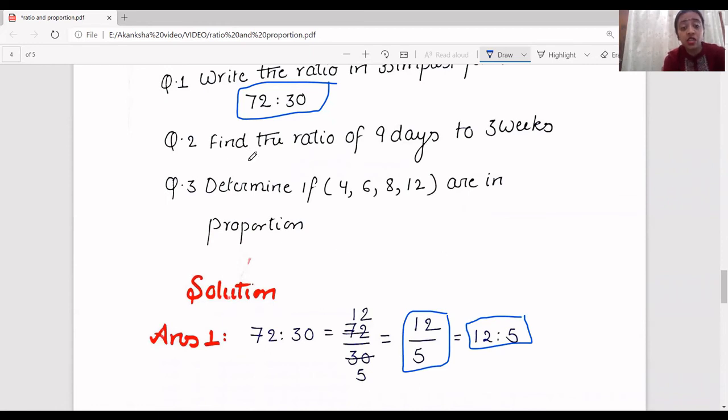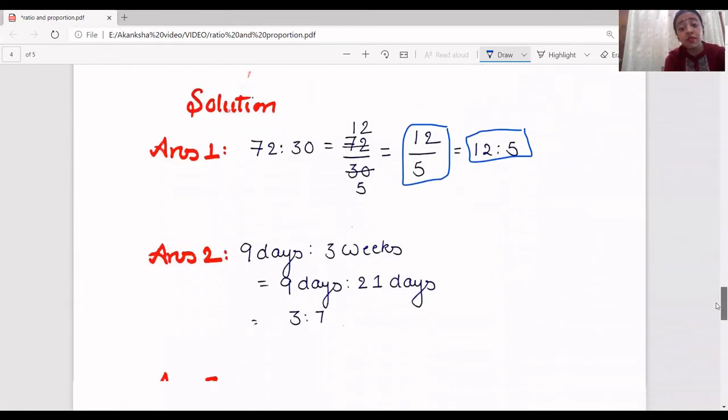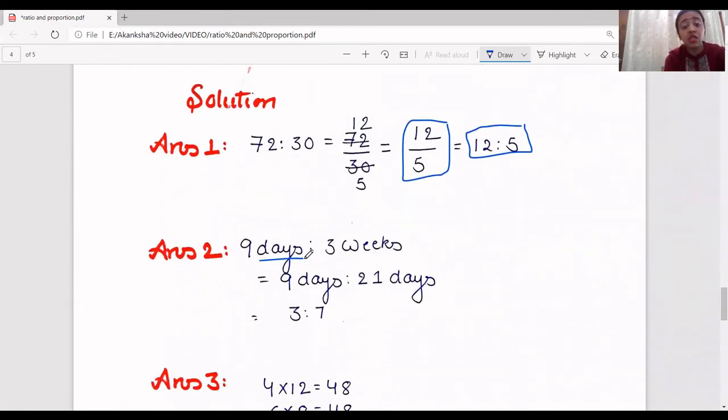The second question is find the ratio of 9 days to 3 weeks. Now definitely the units are not the same. So we'll be converting the bigger unit into the smaller unit. 1 week has 7 days. So 3 weeks are going to have 3 into 7, which is 21, right?